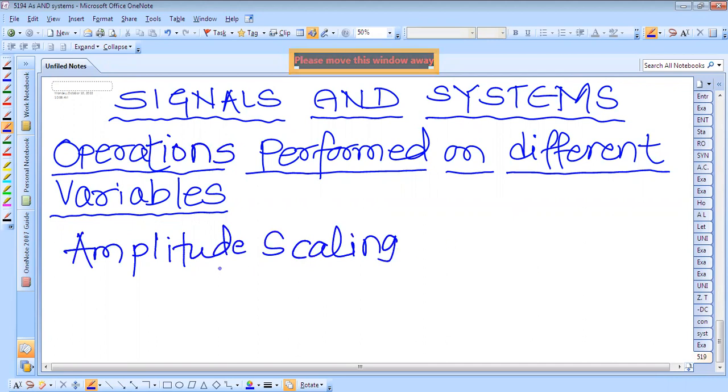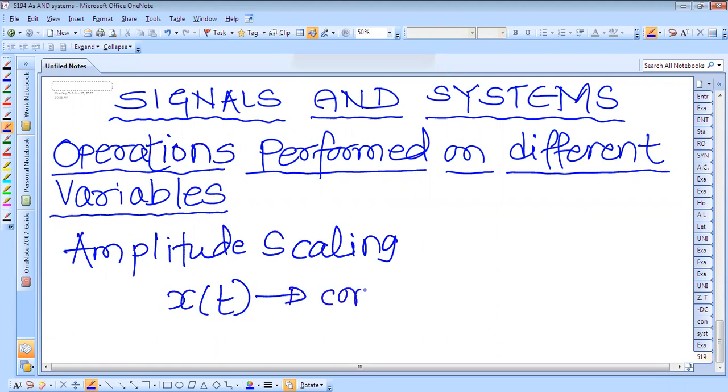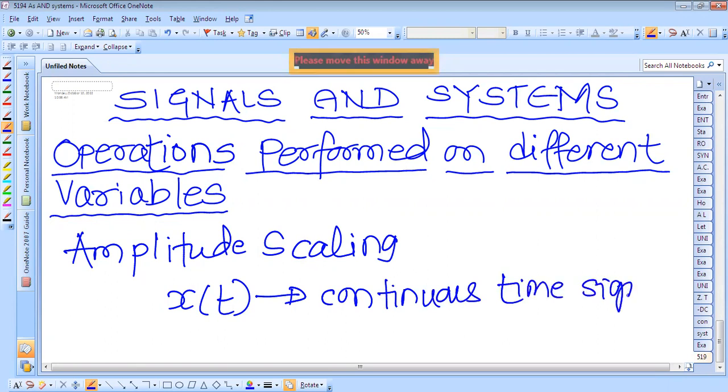Suppose x of t is the continuous time signal, then the signal y of t is the output signal.